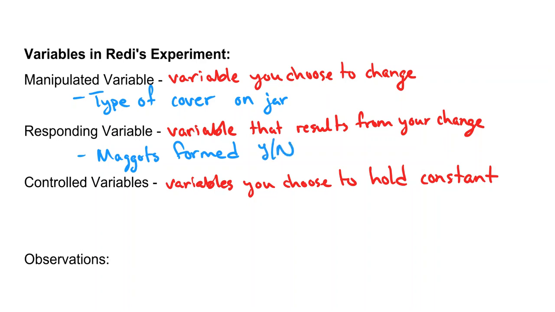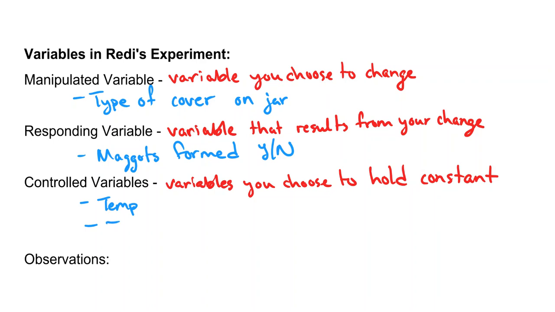That was our measurement. Now, controlled variables are all of the variables that you're choosing to hold constant over the entire activity or the entire experiment. So all the things that you could have changed but chose not to. And so typically that would be like temperature. You don't want to have one piece of meat in the freezer and have one piece of meat out in the sun all day, something like that.